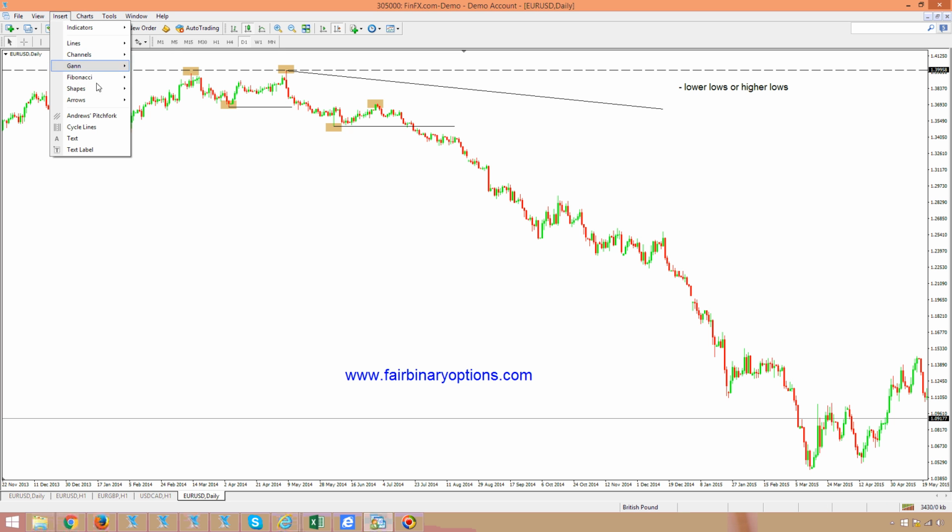This is not the template. Let's take this one. This is the very first thing, or the only thing, that one needs to know in order to identify a potential new trend that is starting. If a new trend starts here, then we have to look at the trend line.